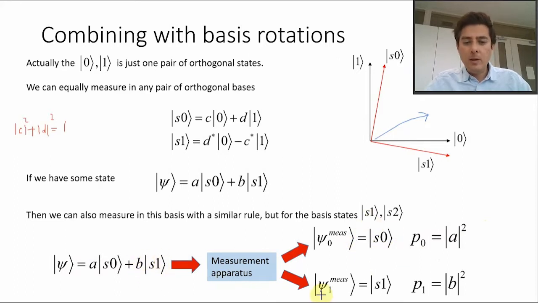Same with S1: the probability is mod B squared, and the outcome is S1. So we can do the same kind of thing as we've already done, but of course we first need to write the state in this form in order to work out what these probabilities are.